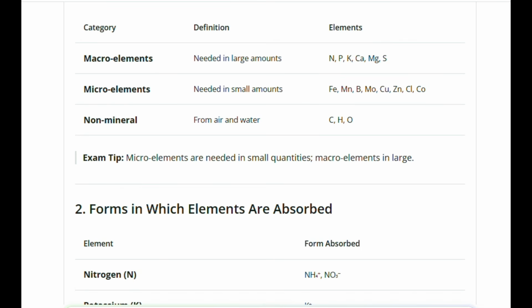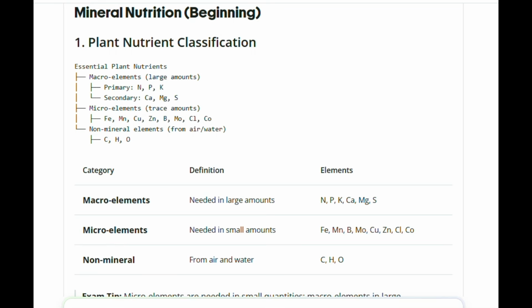Then the minor macro elements. Remember, above we had major macro elements: nitrogen, phosphorus. So basically you have essential plant nutrients. Macro elements are needed in large amounts.